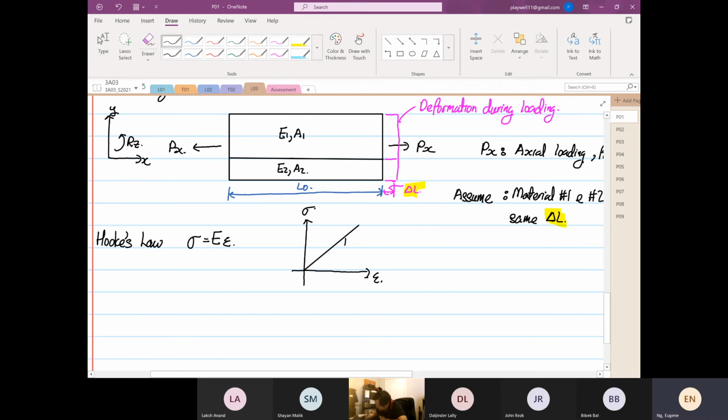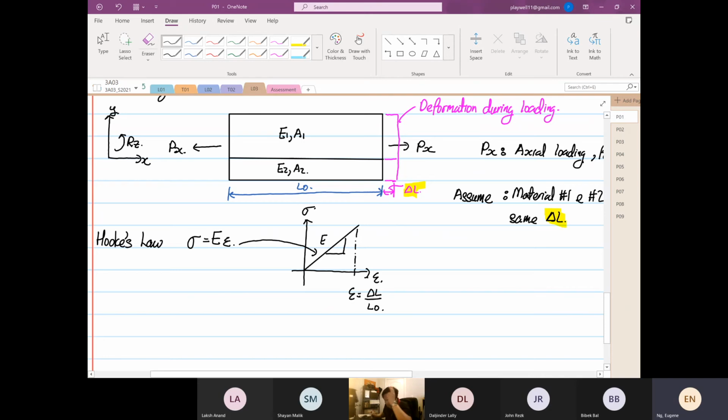This is our Young's modulus, this is our E. Over here is our strain, and this strain we acquire from delta L divided by L original. So this is a function of the line, you agree, right? The y-intercept is equal to 0.